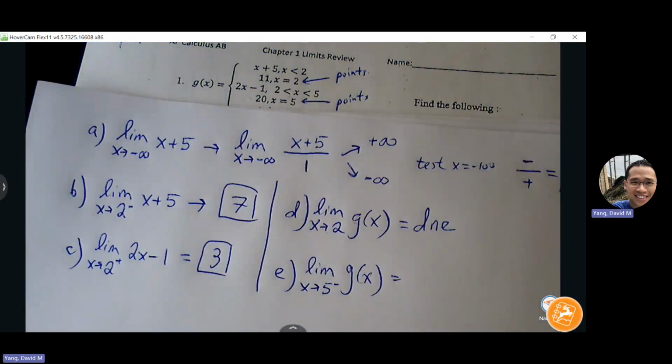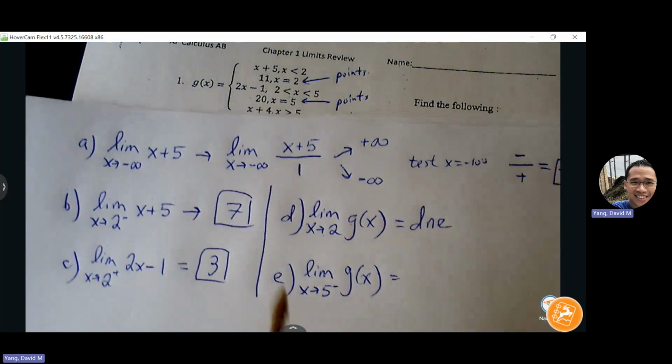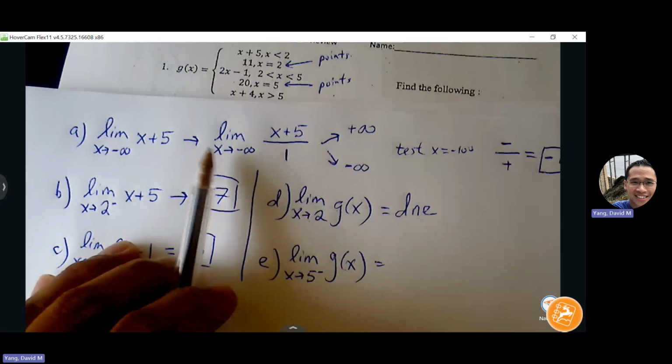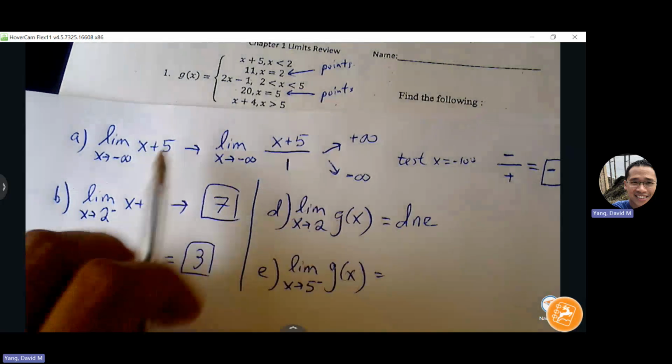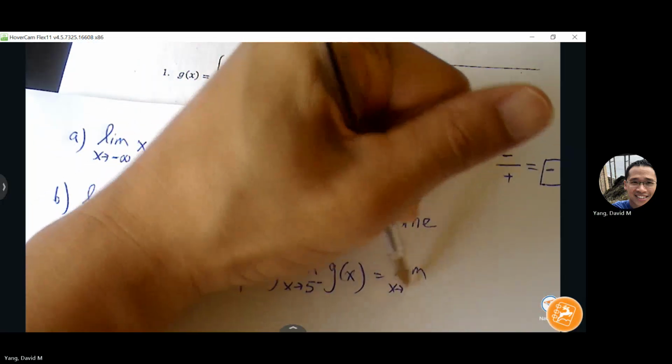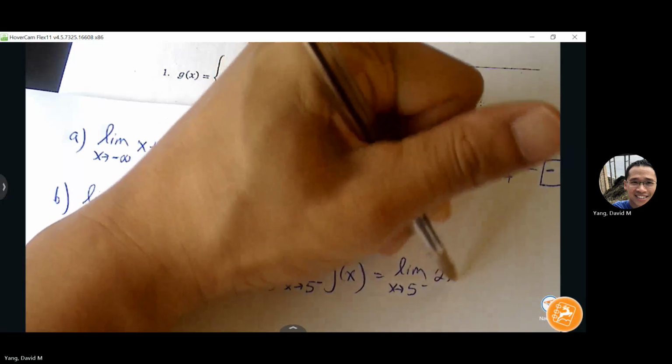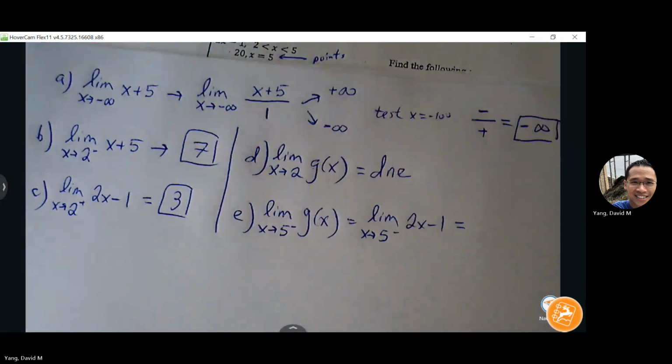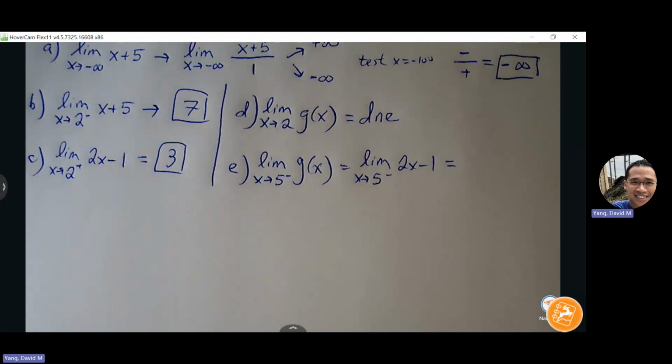Okay, approaching 5 from the left. Which one do we use here? 2x minus 1, okay. Direct substitution, always the first step.